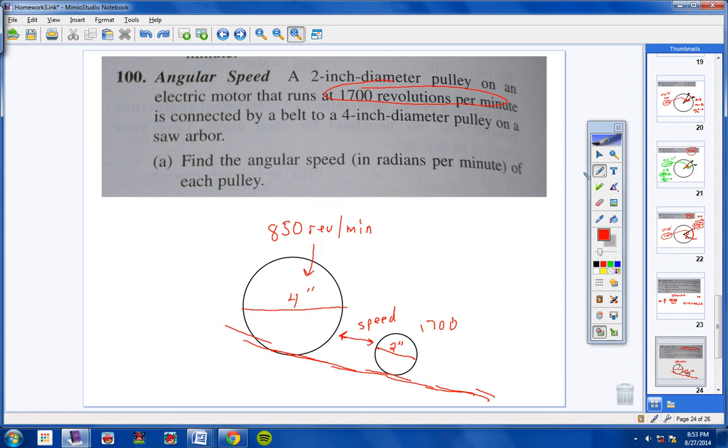We know that 1 revolution is 2 pi. And we have 850 revolutions. So I'm going to take 850 times 2 pi, okay? And then, of course, that's over 1 minute.